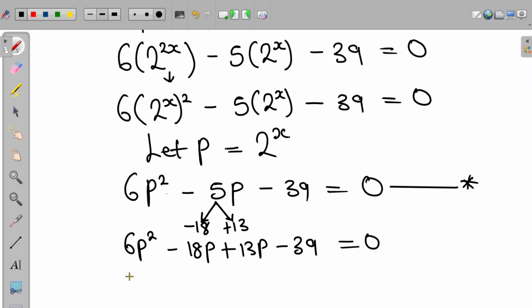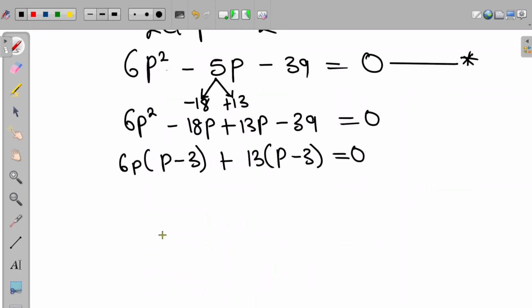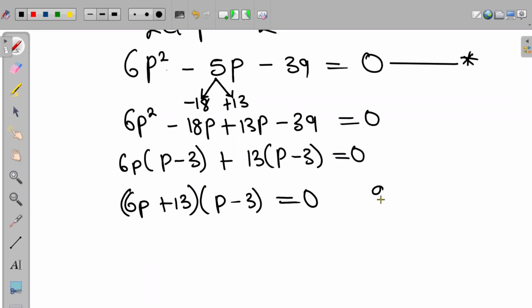At this point, if we factorize, we have 6p(p minus 3) plus 13(p minus 3) equals 0. So therefore, we have (6p plus 13) multiplied by (p minus 3) equals 0. Recall that if a multiplied by b is equal to 0, then a is equal to 0 or b is equal to 0.